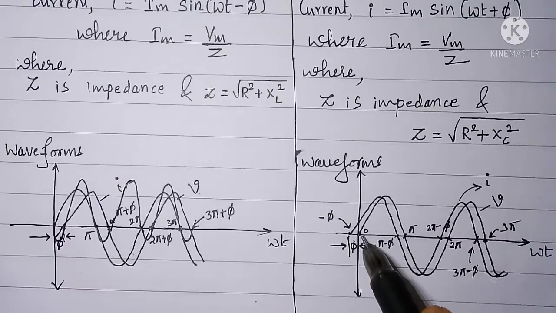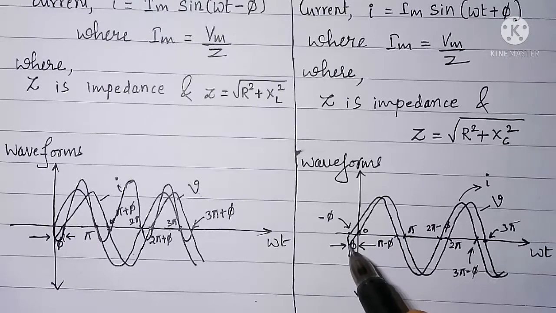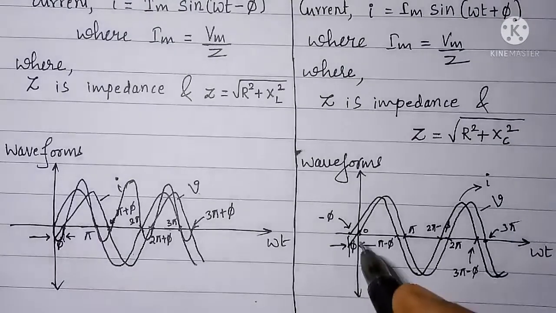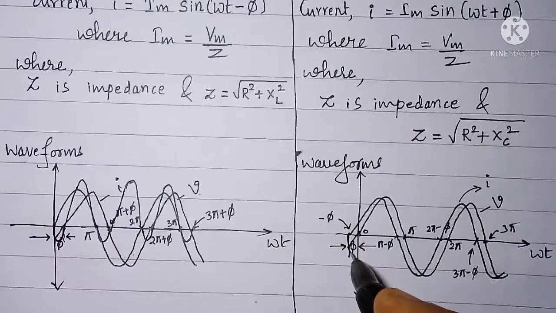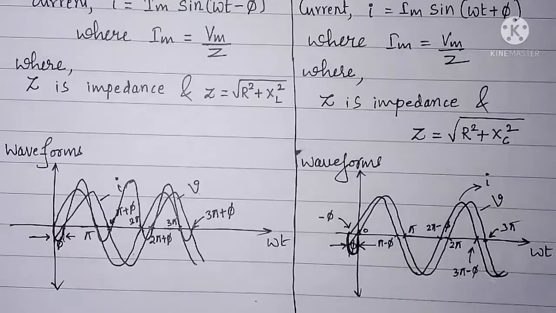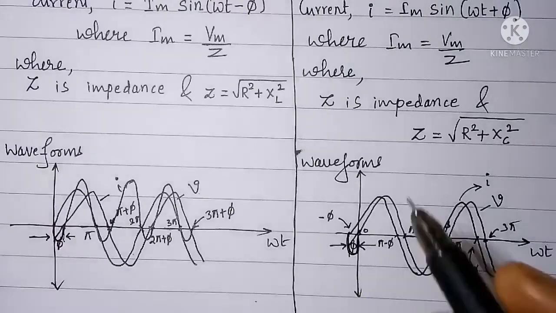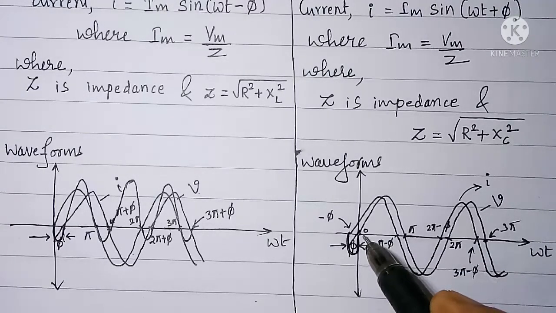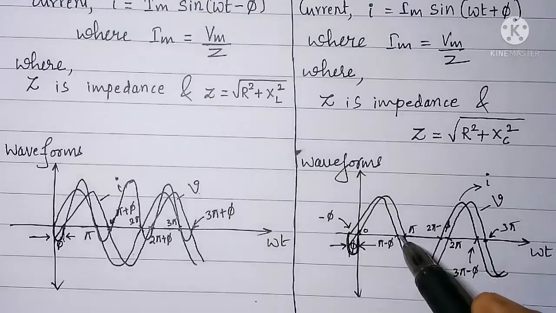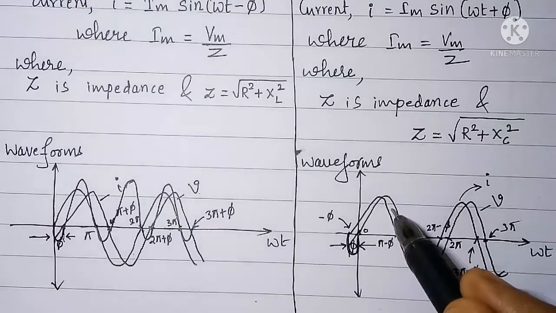From minus phi to 0, current is positive, and if we extend the voltage, voltage is negative. And when we multiply, the product becomes negative. That is, instantaneous power is negative here. From 0 to pi minus phi, both voltage and current are positive.